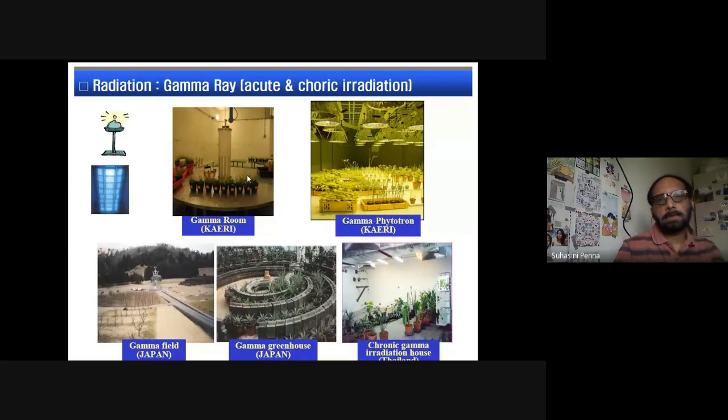These are exposed as the gamma source comes out. Here you can see phytotron, gamma field, gamma greenhouse, chronic gamma irradiation facility. It can be any of these facilities. Some of these facilities are available in the country. Some of them we do not have.